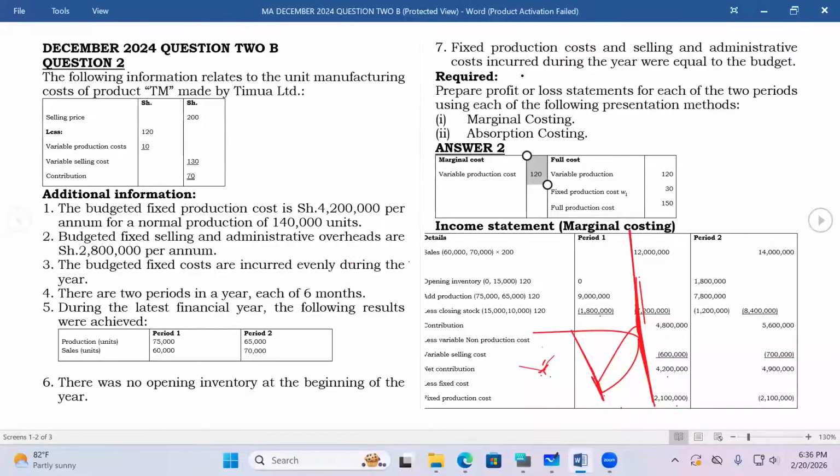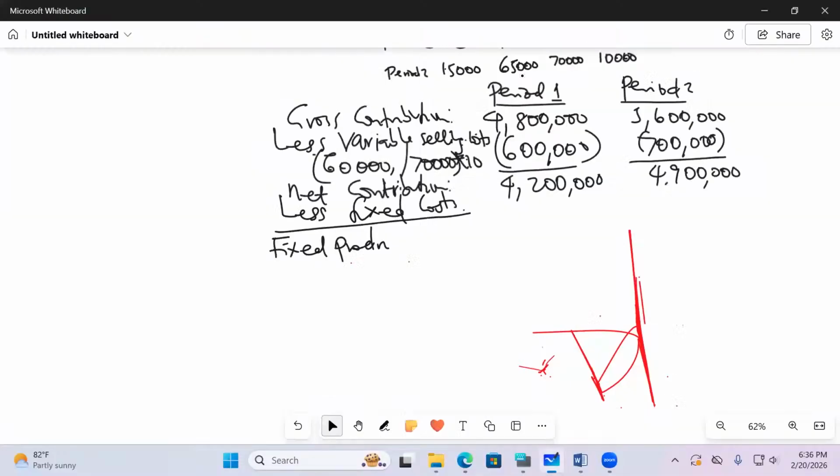So we have to apportion the 4.2 into 2 periods. Each period will be 2.1. So here we have 2.1 in period 1, and then we have here 2.1.